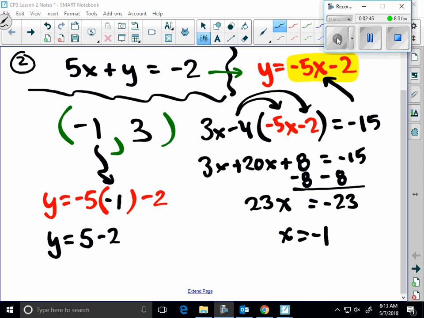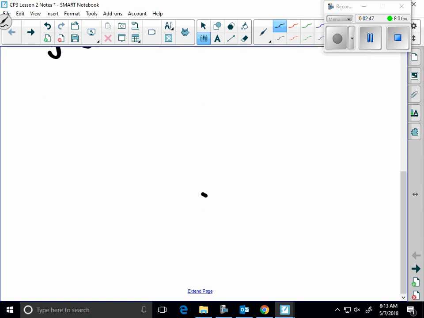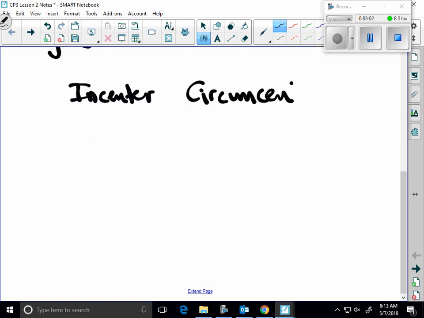Let's do a quick review from Friday. We talked about 3 different special points of concurrency. One of them was the incenter. One of them was the circumcenter. And the third one, anybody remember it? Starting with an O. It's kind of like the dentist.